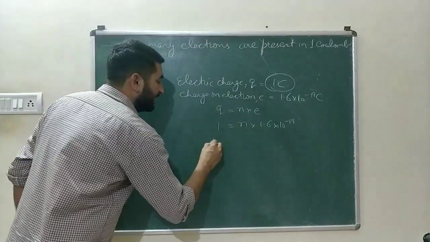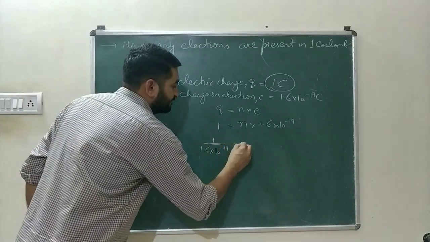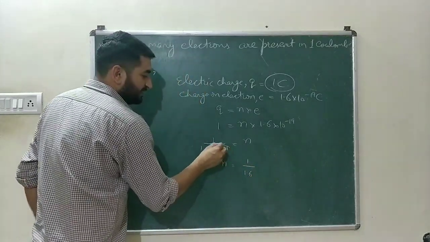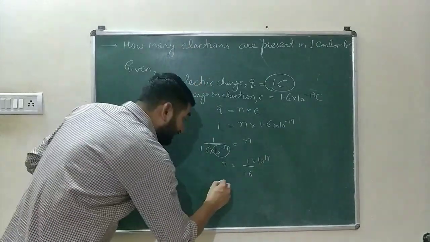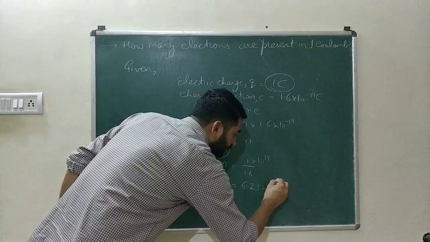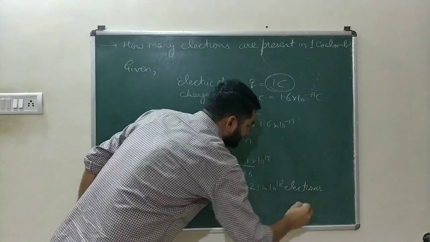This is a multiplier, here it comes as a divisor. Number of electrons is equal to 1 by 1.6. This minus 19 will go above and become plus 19. When we solve it, it will be equal to 6.25 into 10 raised to the power 18 electrons.